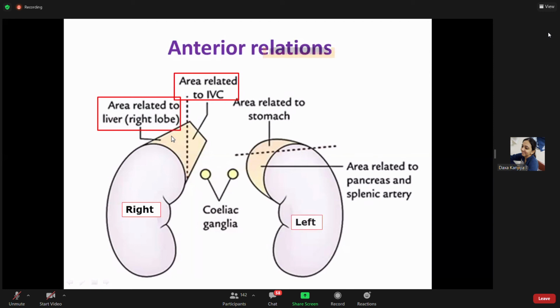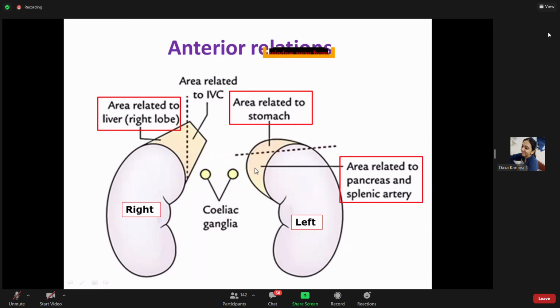On the left side, this is the left kidney. The anterior surface of the suprarenal gland is divided into two parts, upper area and lower area. The upper part is related with the stomach and the lower part is related with the pancreas and splenic artery. So these are the important relations of the anterior surface of the right and left suprarenal glands.